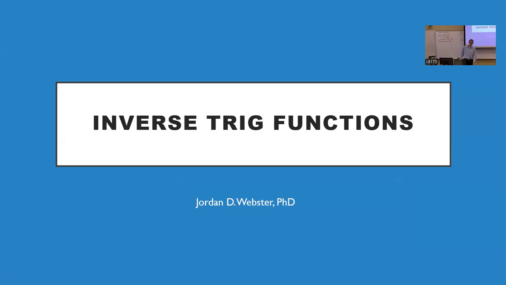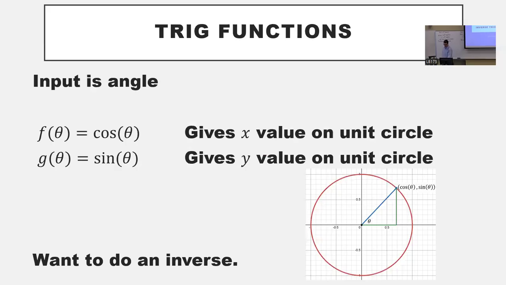Now, the last section we're going to cover in chapter 6 is section 6.3 on inverse trig functions. So with our trig functions, we're inputting an angle and getting out some trig operation of the angle.